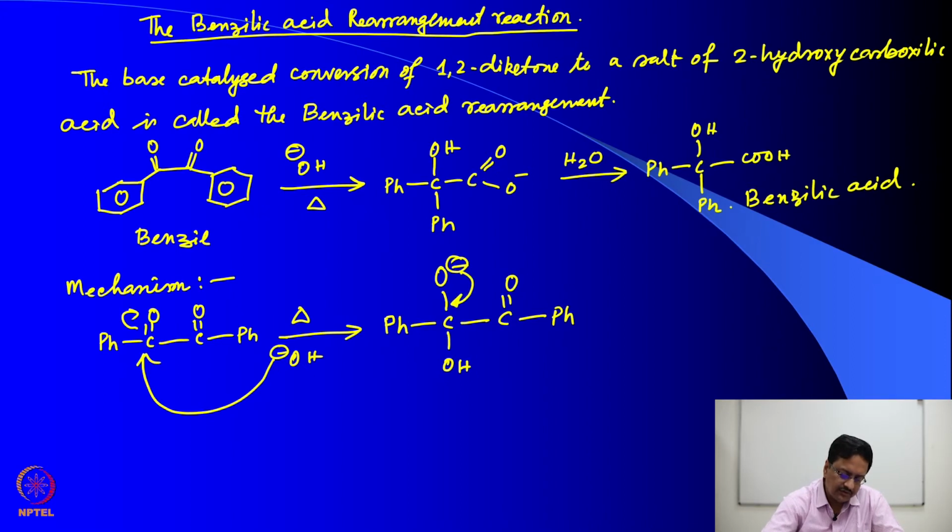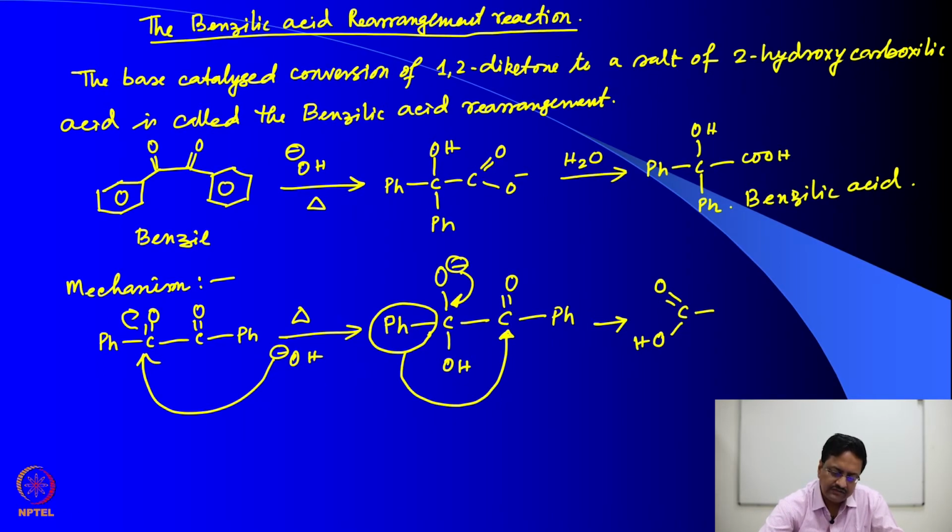Then when this double bond forms back, this phenyl group with its electrons moves from carbon 1 to carbon 2 in step 2 to form the acid, where this O minus is formed because of phenyl migration, and in presence of water, this will take up the proton and form the desired compound benzylic acid.